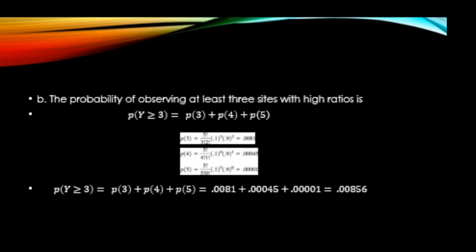So 5 choose 3 for probability of 3: 5 choose 3, 0.1 raised to 3, 0.9 squared. Probability of 4 will be 5 choose 4, 0.1 raised to 4, 0.9 raised to 1. And probability of 5 will be 5 choose 5, 0.1 raised to 5, 0.9 raised to 0. The three values will be added together to give us the probability that y is greater than or equal to 3, which is a very small probability, 0.00856.